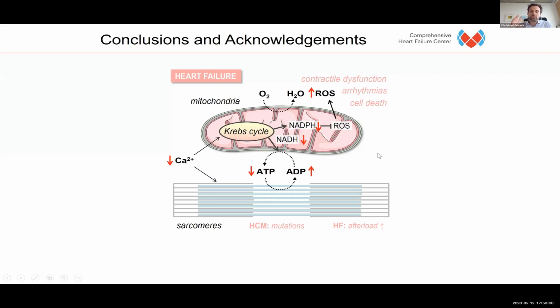Therefore they could also be targets for treatments to reduce either the amount of ROS or the implications of ROS in mitochondria, or could also argue for interventions that tune down this mismatch on the sarcomeric or EC coupling level before.